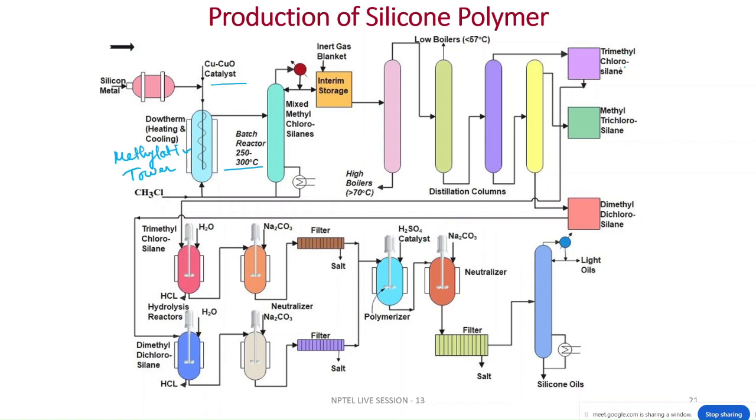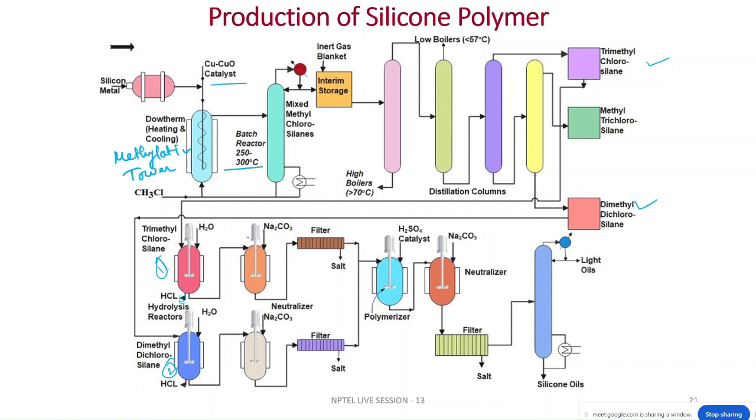Trimethyl chlorosilane is fed to the hydrolysis reactor 1 and hydrolysis reactor 2. So these two products are sent to the two hydrolysis reactors, where water is added in both of the reactors, and as a byproduct you get HCl.